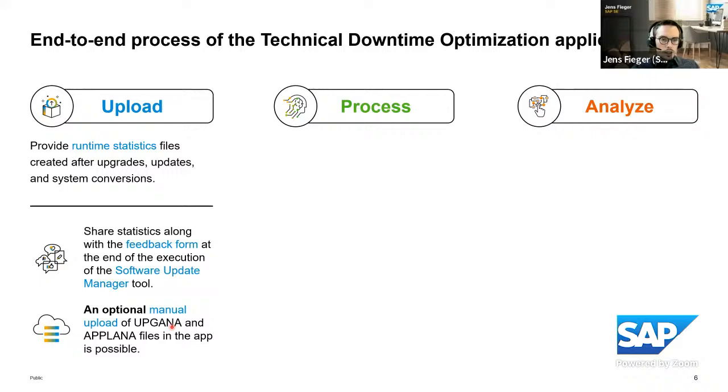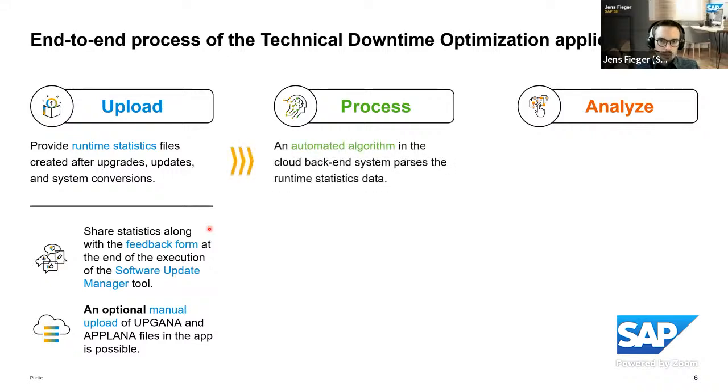This APPL-ANA contains the information on runtimes, how long it took to convert your FI and all the other general ledger data from the old to the new data model in SAP S/4HANA. So this file also has to be uploaded manually. So that's the upload and how the data comes into the application.